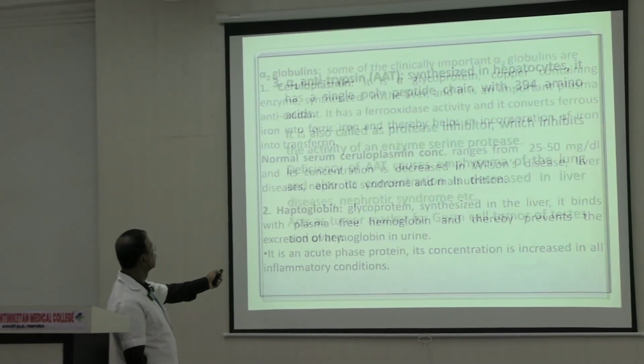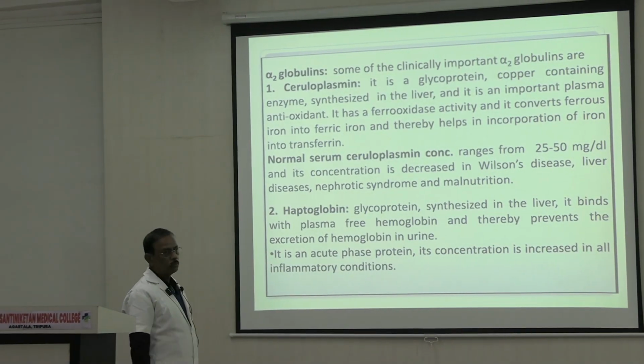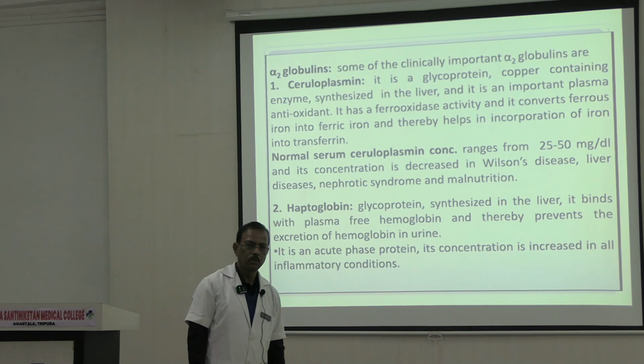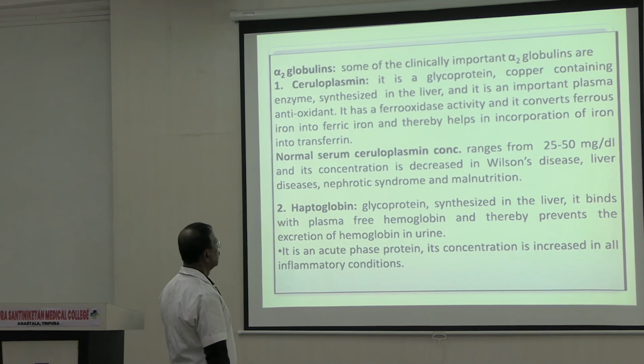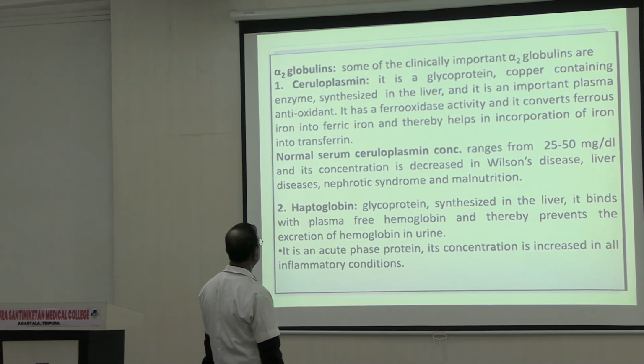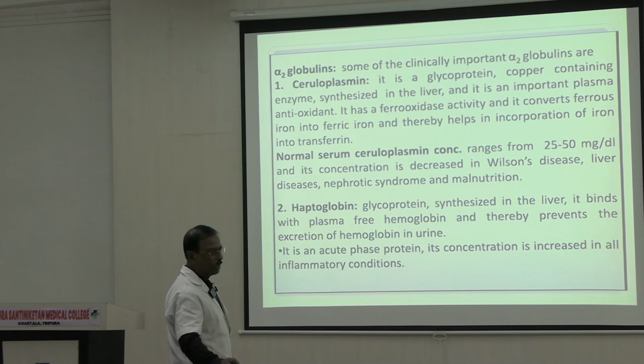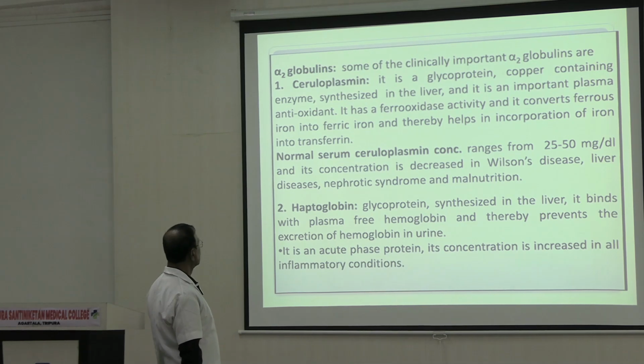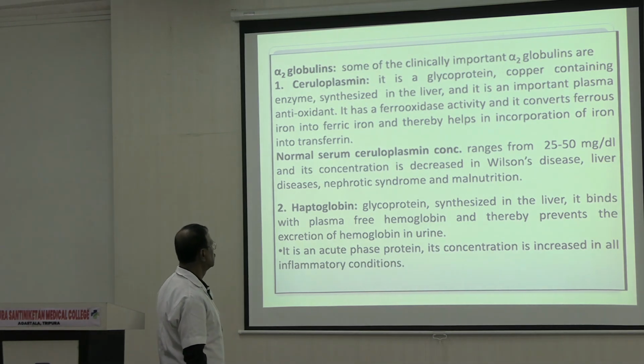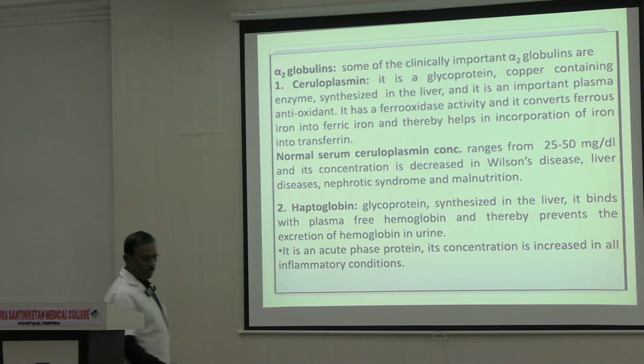One short note. Alpha 2 globulin, ceruloplasmin. It is a glycoprotein, copper containing enzyme synthesized in the liver and an important plasma antioxidant.